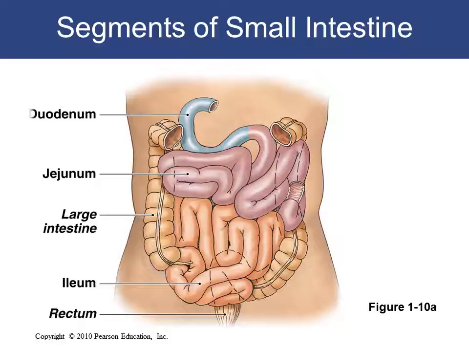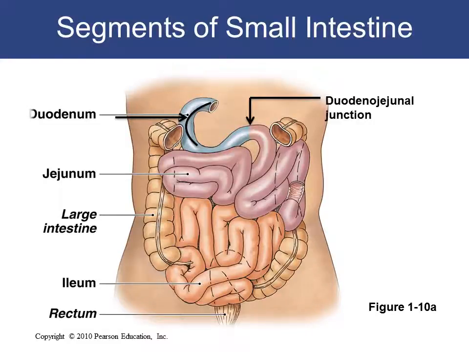So this is the duodenum, which is C-shaped, and in that C shape the pancreas fits, and the duodenum is about 25 centimeters in length. The duodenojejunal junction is the junction between the duodenum and the jejunum. So that is for the duodenum.